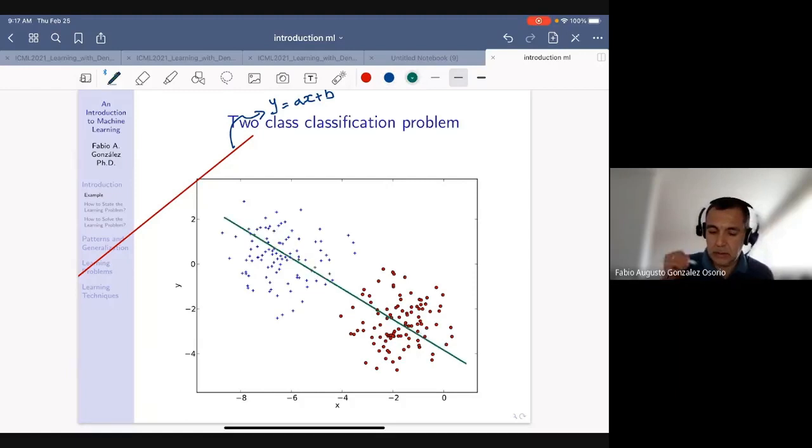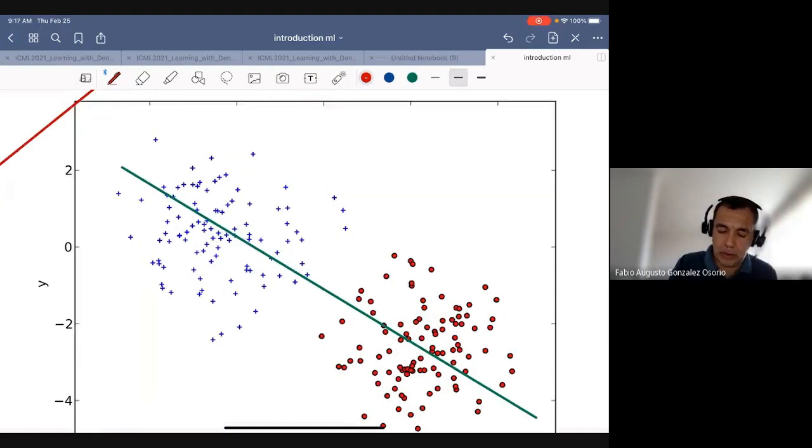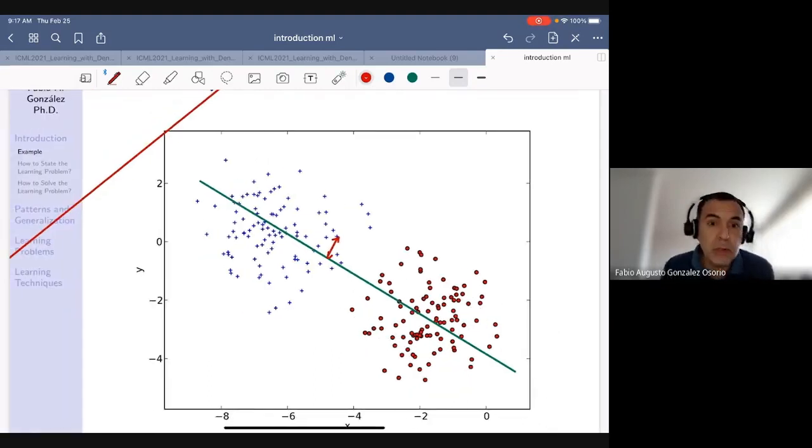To do regression, I use minimum squares, which is basically to minimize the distance of each point to the line. I minimize that for all the points and I find the line, if I'm doing regression.